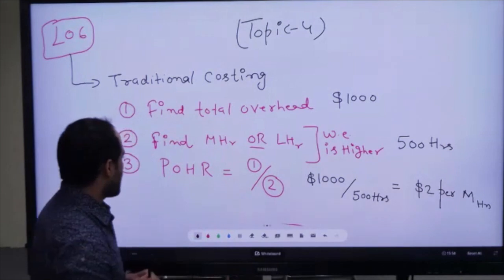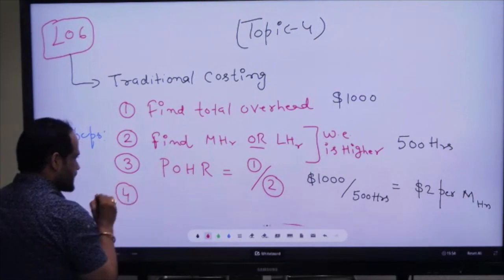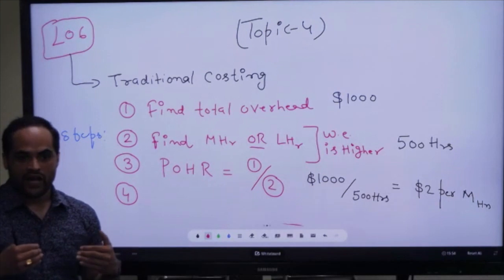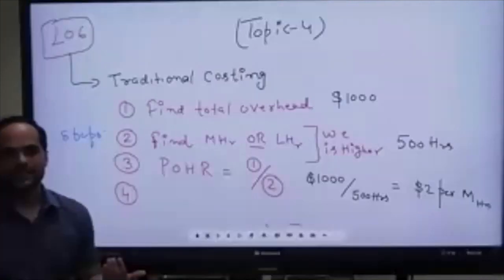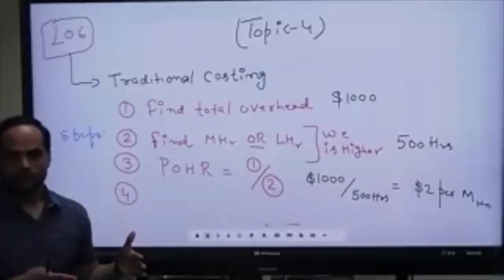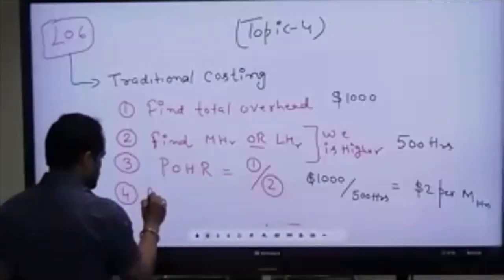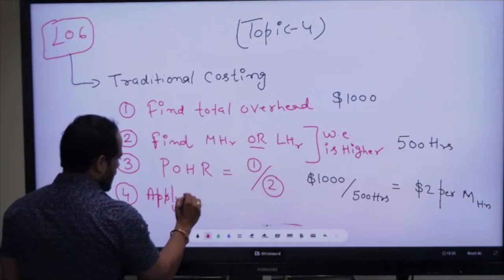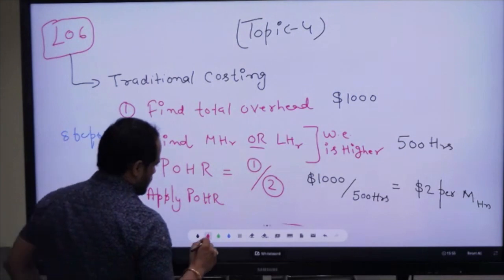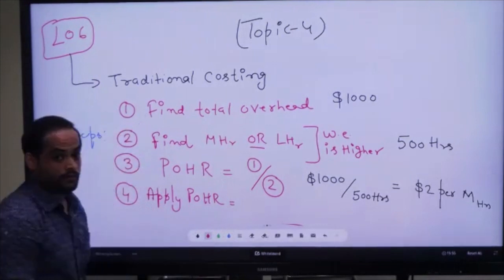Now, step 4. Step 4 is to apply the POHR, the predetermined overhead rate, to find the overhead cost per product. So how to apply POHR?